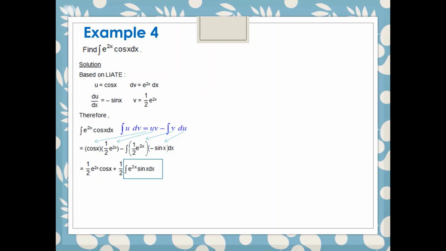To solve this integral, you need to apply integration by parts once again. As the integral consists of e and t comes first, u is equal to sine x and dv equal to e to the x dx. Differentiate the u, the answer is cos x, and integrate the v, the answer is 1 over 2 e to the x.